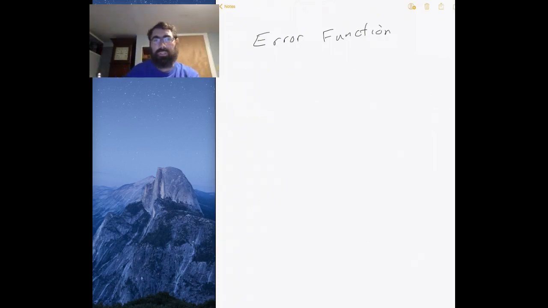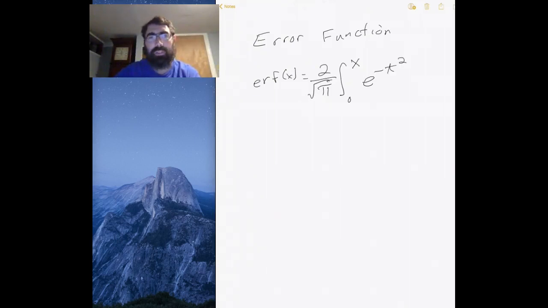So the error function, often written as ERF, is 2 over the square root of pi, the integral from 0 to x, e to the minus t squared dt. So x, the value that you're actually evaluating the error function at, is one of the limits in this integral.